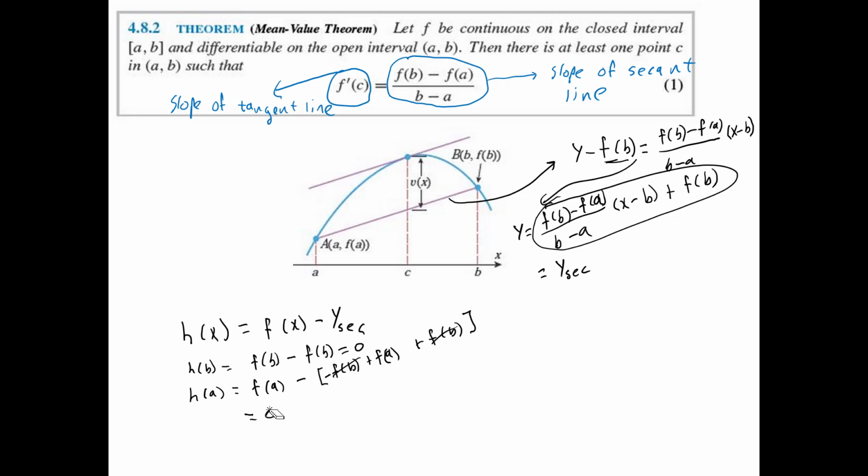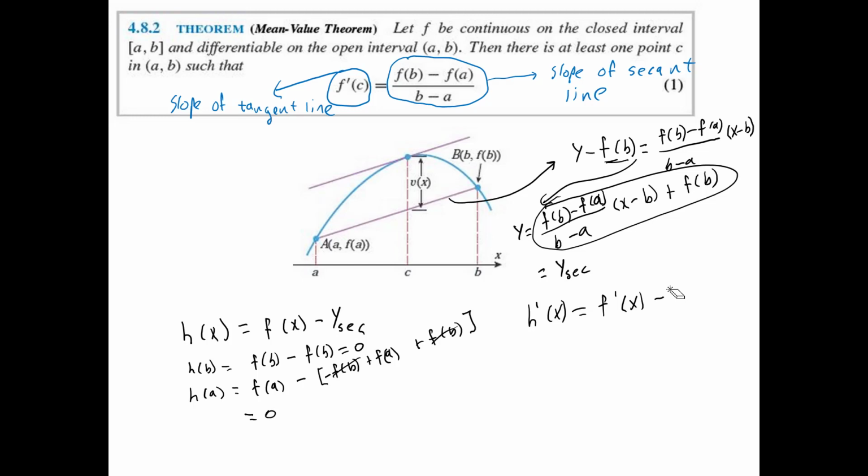And so this new function that we just made, h, satisfies the conclusion of the mean value theorem. I'm sorry, not the mean value theorem, Rolle's theorem. So Rolle's theorem applies. Since Rolle's theorem applies, somewhere in the middle h prime of c has to equal 0. Well, the derivative of the first term is f prime of x, so h prime of x is equal to f prime of x, and then the derivative of the secant is just the slope of the secant line.